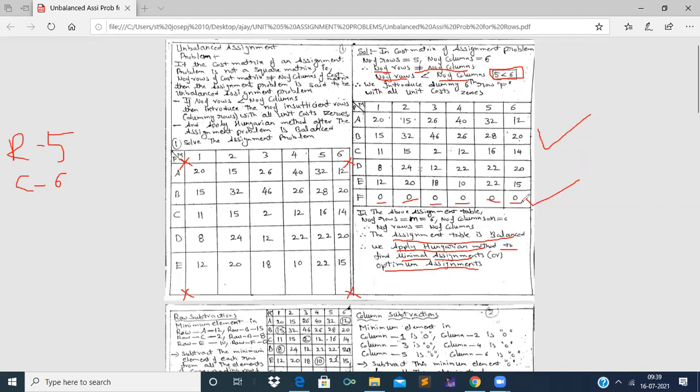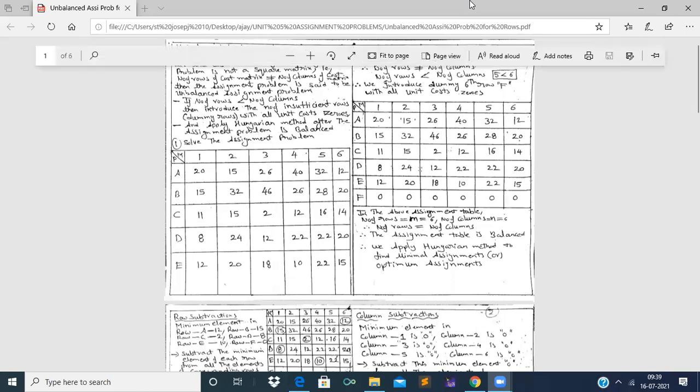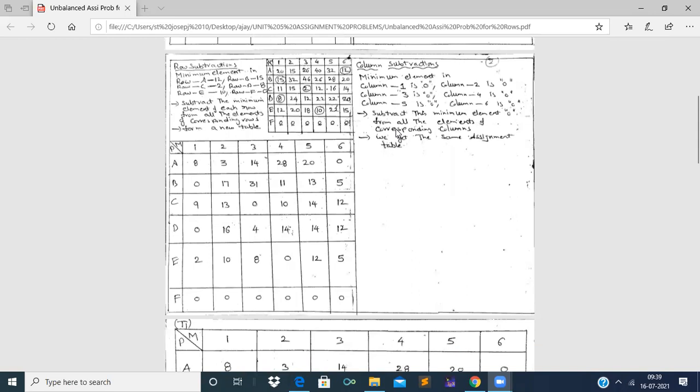As the given assignment problem was unbalanced, with 5 rows and 6 columns, the number of rows is lesser than the number of columns, and we have introduced a sixth row with all unit costs as zeros. Now, let us proceed further using the Hungarian method. Now, let us go to the next table, next part.